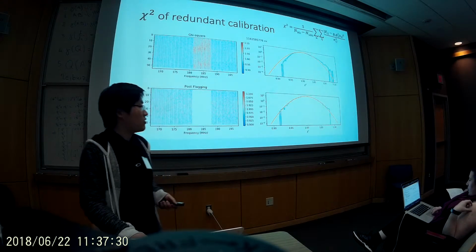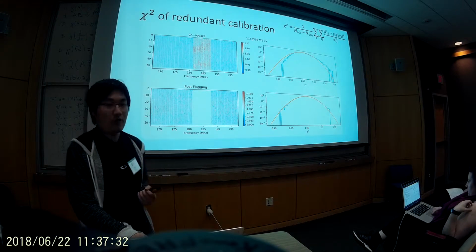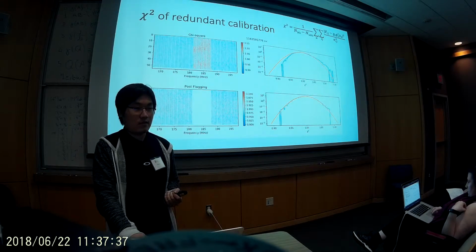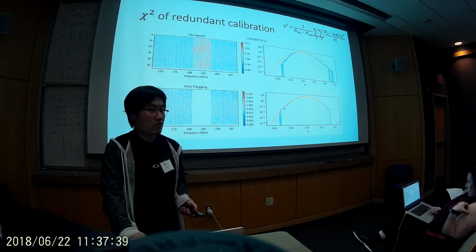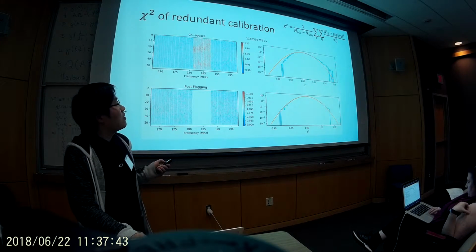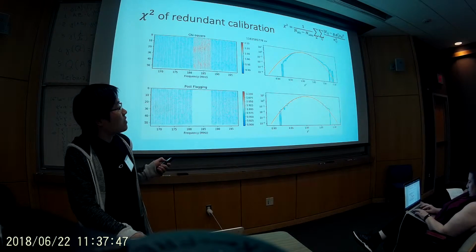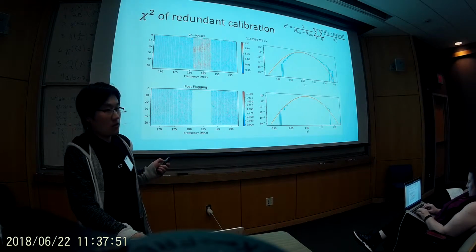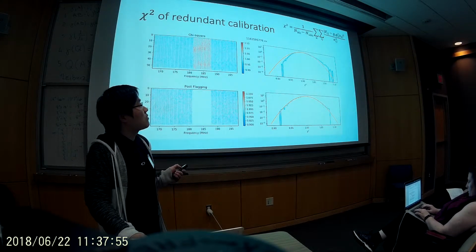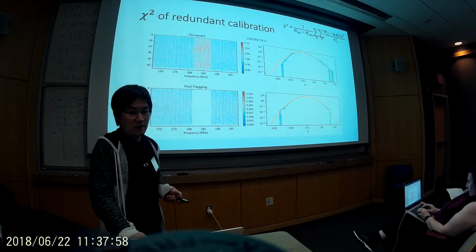The next quality metric is the chi-square from redundant calibration. In Phase 2, we can calibrate the redundant baselines from the hexagonal subarrays. The chi-square is calculated with this equation, where V is the measured visibility, the gains and the true visibilities are solutions from redundant calibration, and sigma corresponds to the noise level.